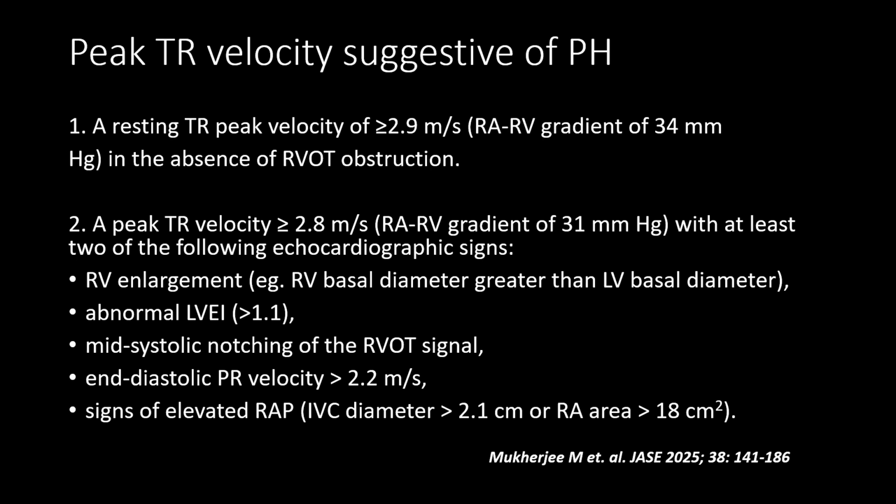The peak TR velocity suggestive of pulmonary hypertension in the new guidelines is if it is above 2.9 meters per second, corresponding to an RA-RV gradient of 34, or if the peak TR velocity is above 2.8 meters per second with at least two of the following echocardiographic indirect signs: RV enlargement, abnormal left ventricular eccentricity index, mid-systolic notching of the RV signal, mid-diastolic PR velocity exceeding 2.2, and signs of elevated RAP.